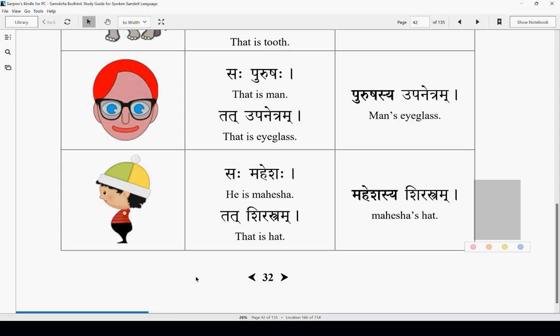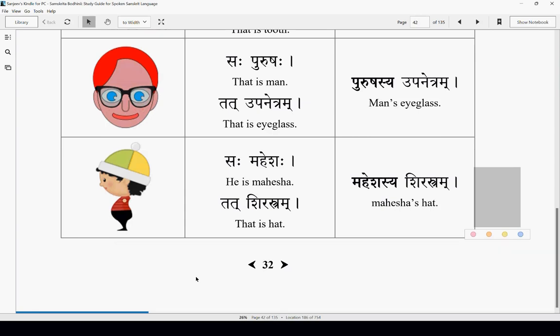Though in practice in other Indian languages, Shirastranam is used for helmet now. So that idea of helmet, which is a hard material, has come into those languages. But because in that language there is no ready word, it is borrowed from Sanskritam, Shirastranam, which is Shirastram.